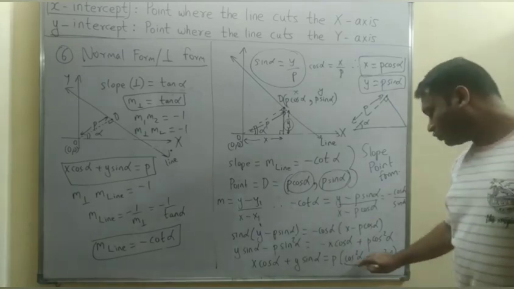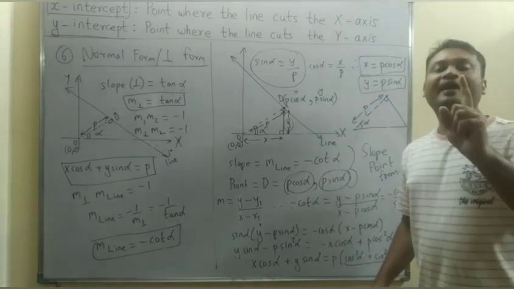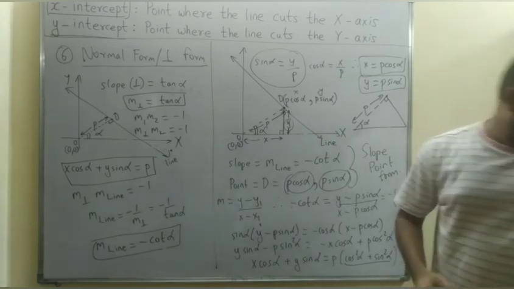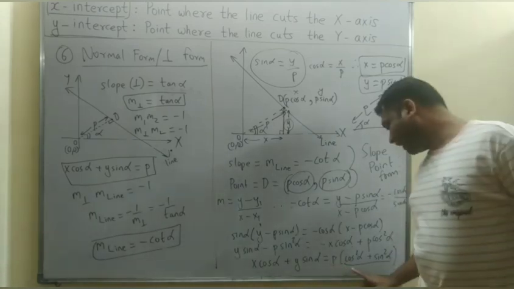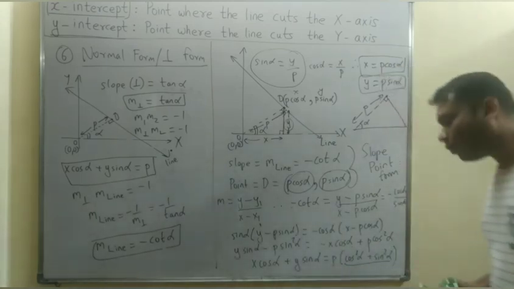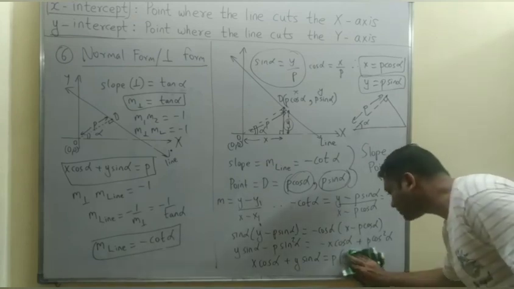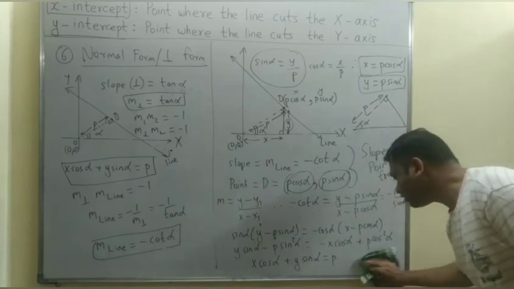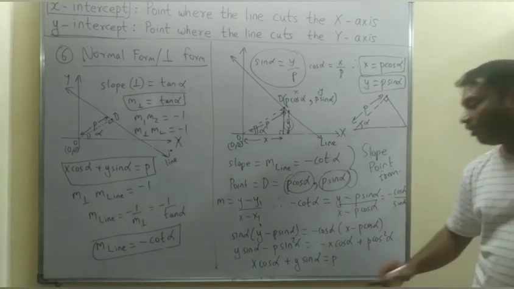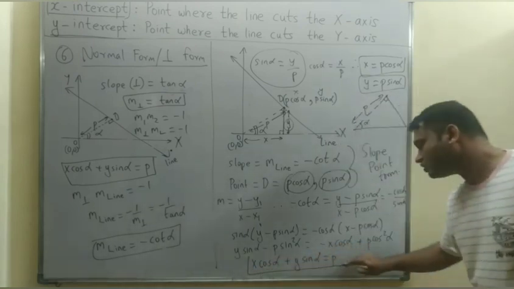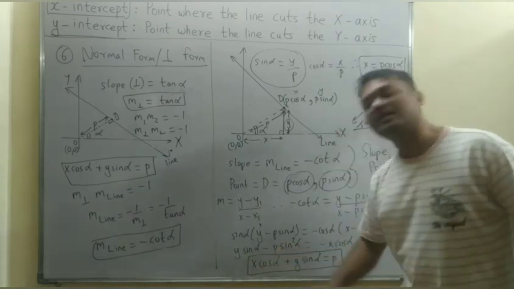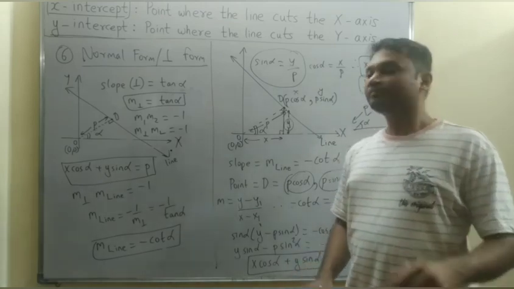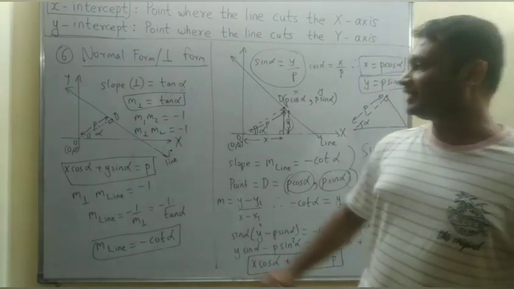But what is cos square alpha plus sine square alpha? It is 1. By trigonometry, we have cos square theta plus sine square theta as 1. So let us remove this because it is 1 itself. Our equation of normal form will come out to be x cos alpha plus y sine alpha is equal to p. So this is the equation of the straight line.